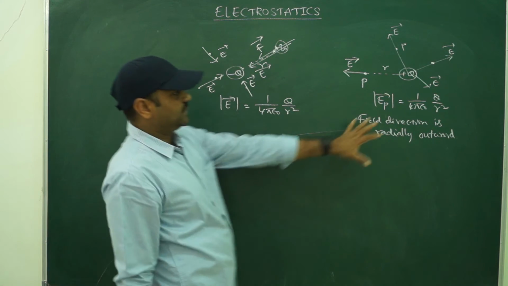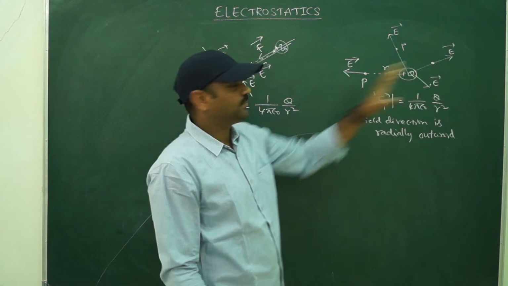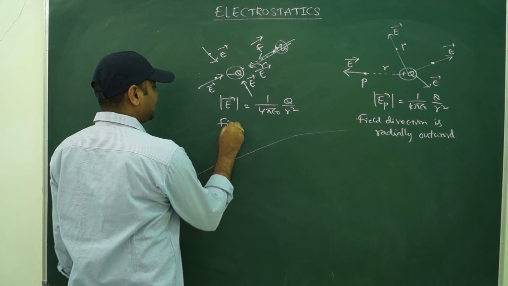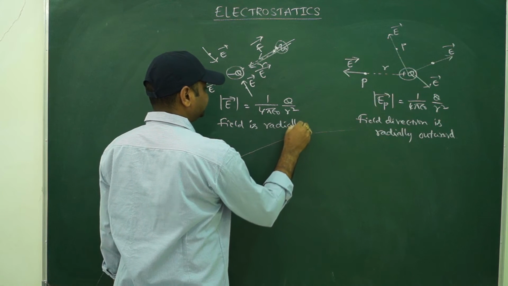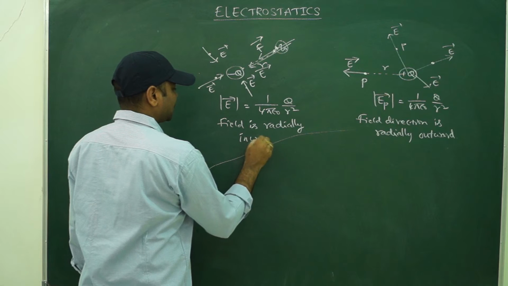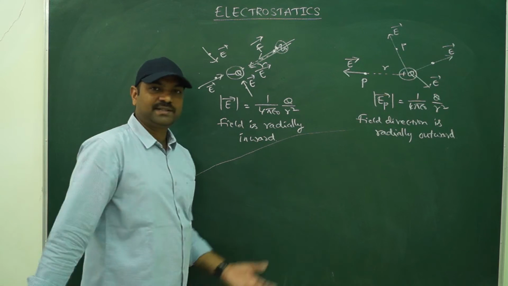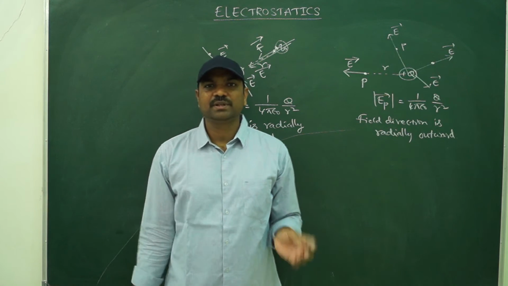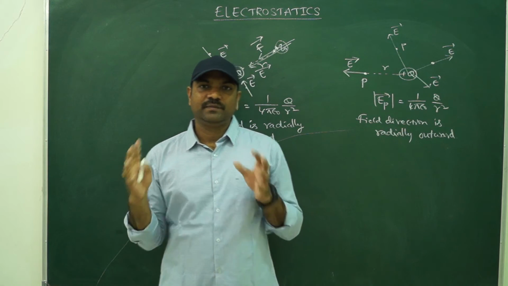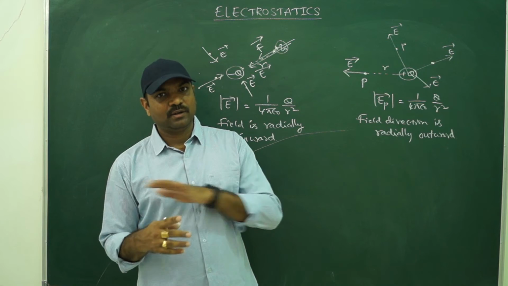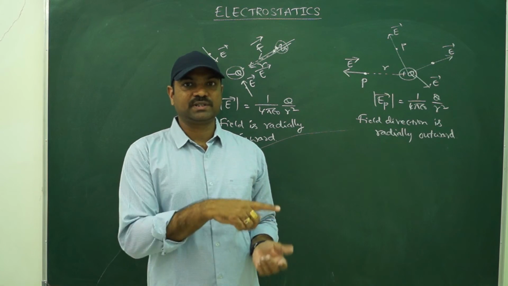So I can say that for a positive charge, the field is radially away. For a negative charge, the field is radially inward. In simplest, layman terms, for a positive charge, the field is along the line joining, away from it. For a negative charge, the field is along the line joining but towards it.